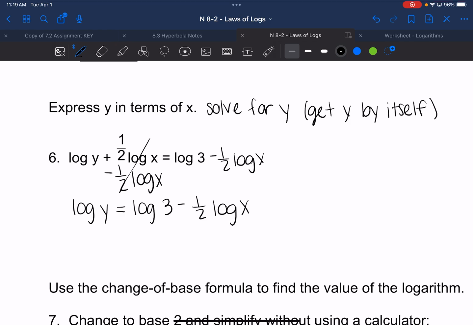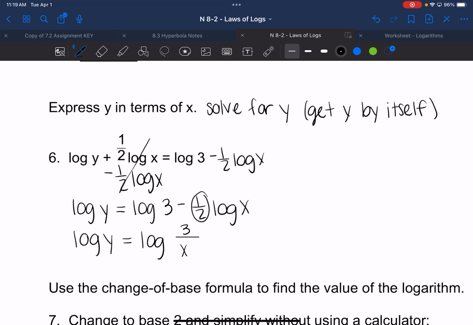Okay, well, looking at this, you guys know any rules from the front we could maybe use to rewrite any of it? The subtraction could be, okay, so let's do that. We'll start there. So I'm going to have log of y is equal to log of what divided by what? 3 over x to the 1/2. Very good.